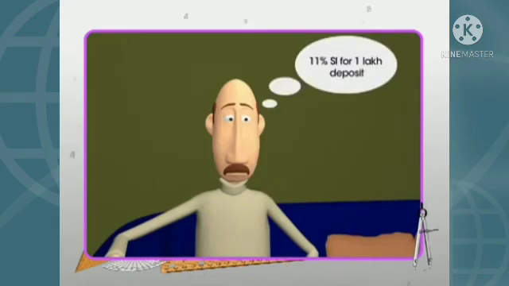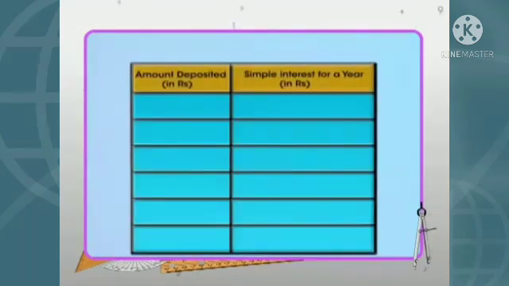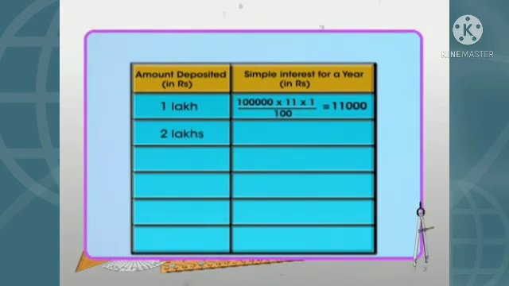For a deposit of 1 lakh and above, the bank offers 11% simple interest per annum. So, if the amount is 1 lakh, then the amount of interest earned will be 11,000 rupees in a year. For an amount of 2 lakh rupees, interest earned would have been rupees 22,000, and so on.